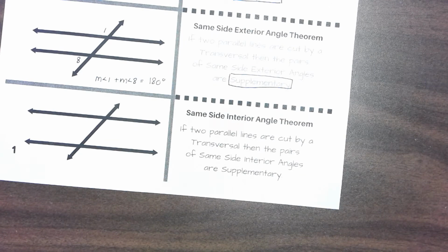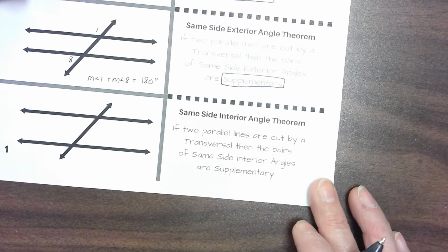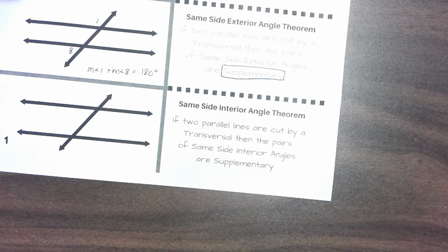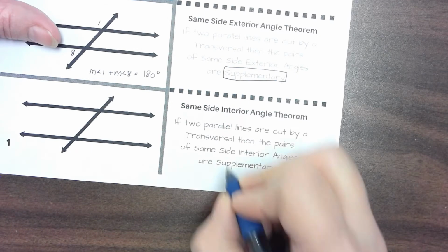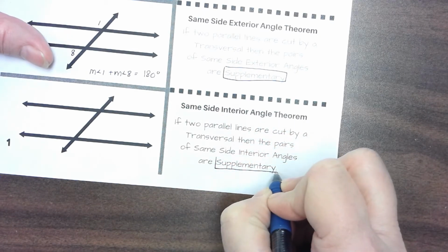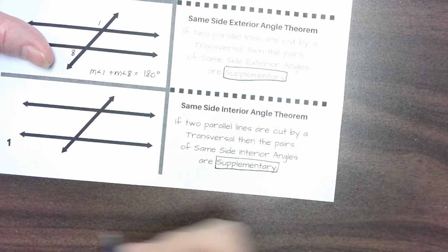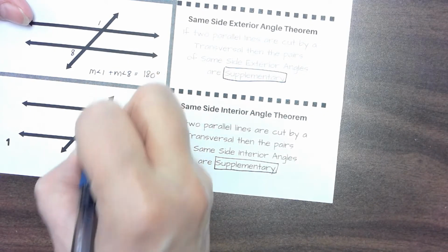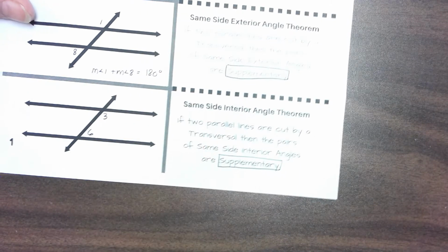And then going to our last one, the same side interior angle theorem. If two parallel lines are cut by a transversal, then the pairs of same side interior angles are supplementary. So we could have 3 and 6.